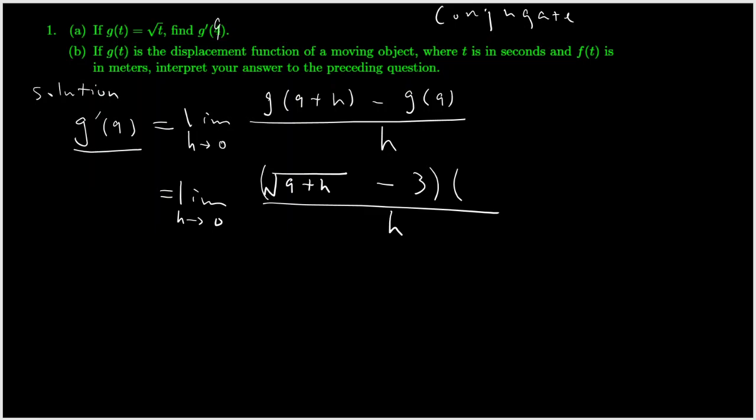You replace the sign. Okay, you multiply the numerator and the denominator by the square root of 9 plus h plus 3. Again, the stuff in the second bracket is called the conjugate of the stuff in the first bracket. You just replace the sign. If you had a positive, you replace it with negative. If you had negative, you replace the sign with positive. Okay, that's the conjugate.